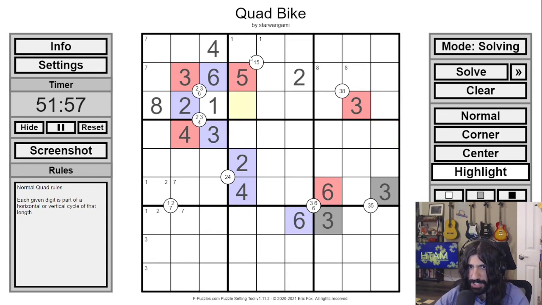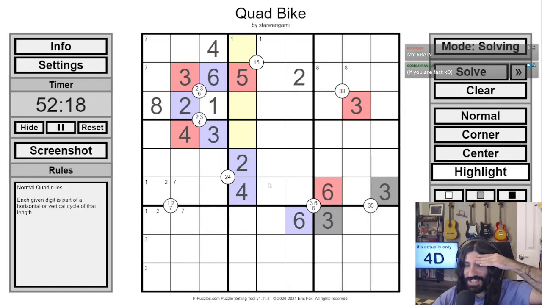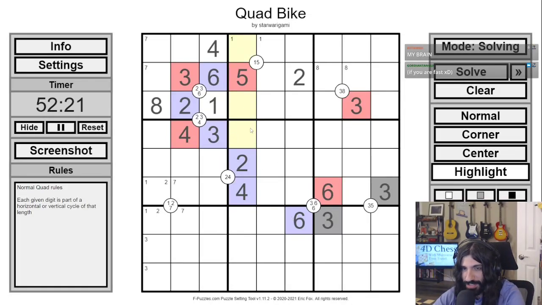Which means that there must be... Okay, so boom and boom participate. None of these can be a 6. So there must be a 6 either here or here or here. We knew that already because of Sudoku rules, so that wasn't actually very revelatory.